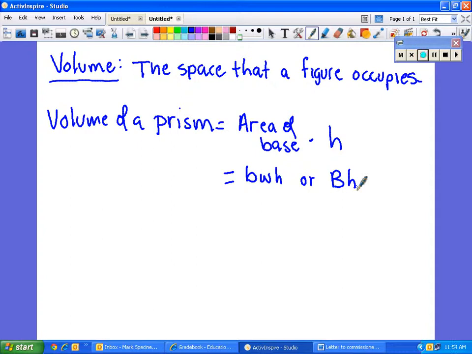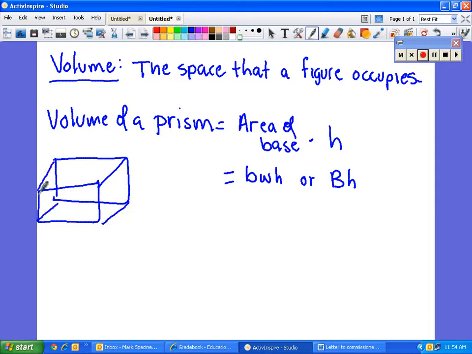We have either a rectangular prism or a triangular prism. For the rectangular prism, the area of the base is length times width.